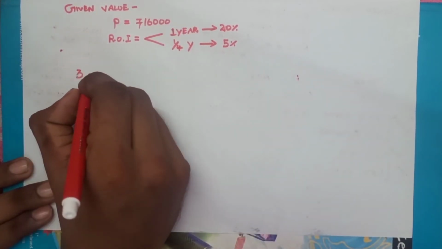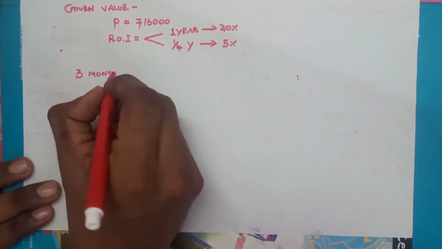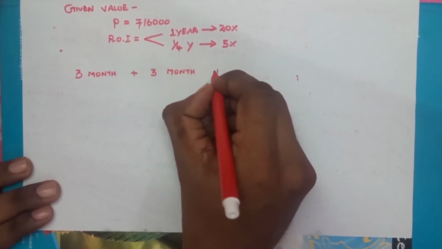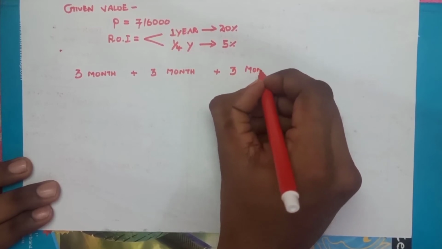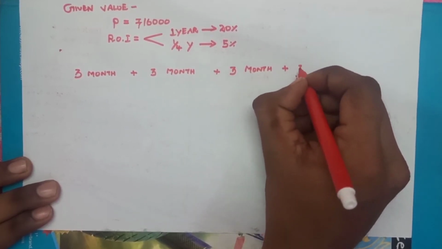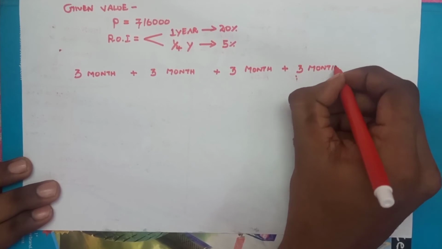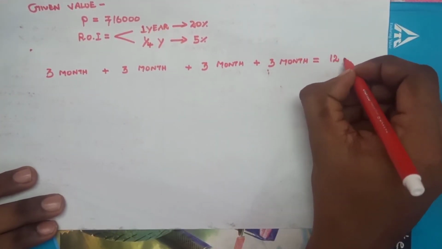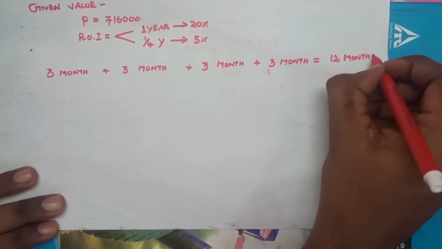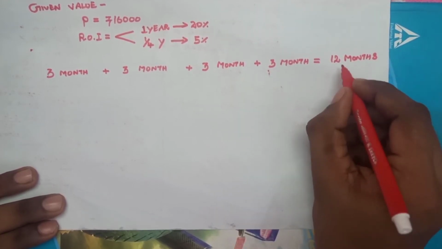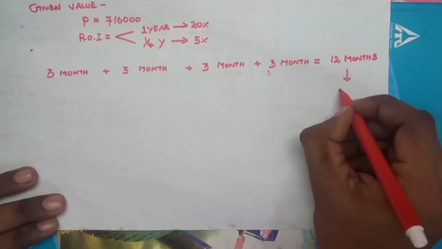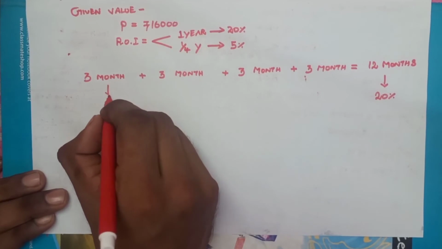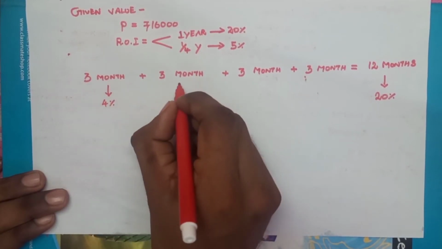That is 3 months plus 3 months plus again 3 months plus 3 months. That is equal to 12 months, right? And 12 months is 1 year, and 1 year interest amount is 20%. And what is the 3 month interest percent? That is 5%, right?